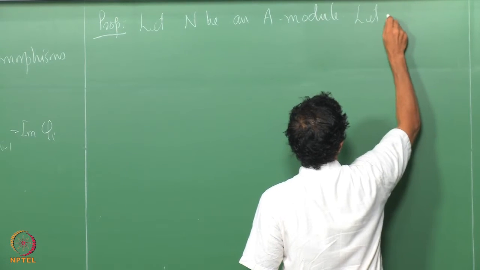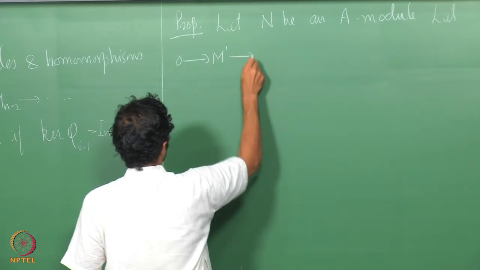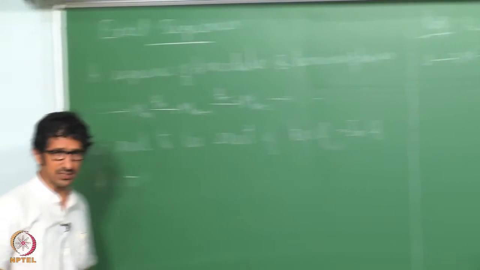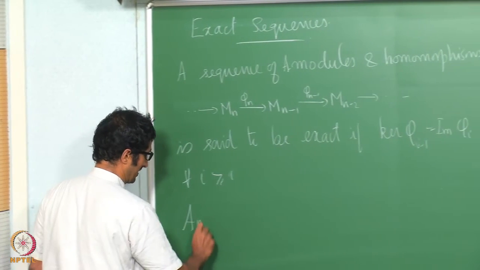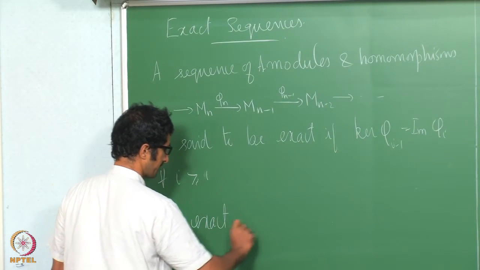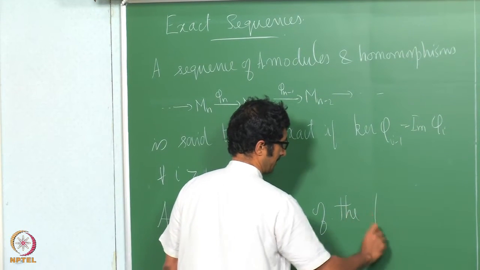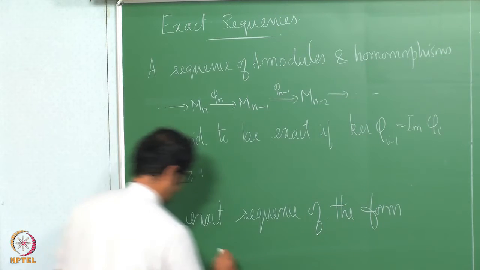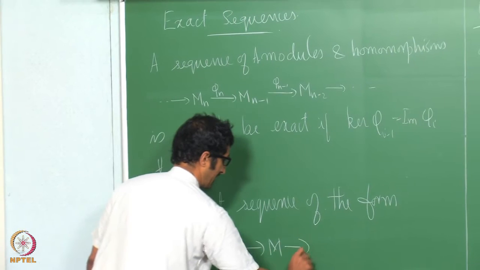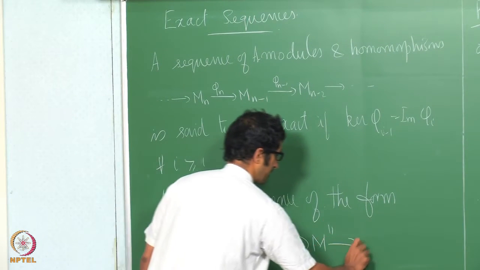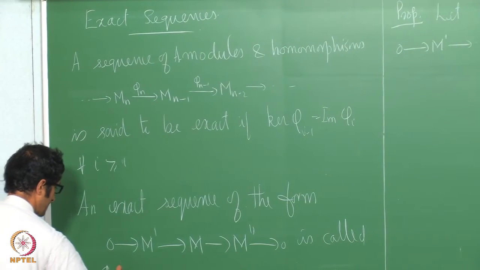Did I define what is a short exact sequence? No. Okay. An exact sequence of the form 0 to M prime to M to M double prime to 0 is called a short exact sequence.